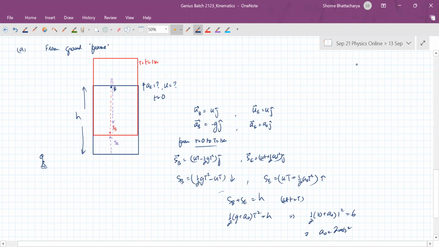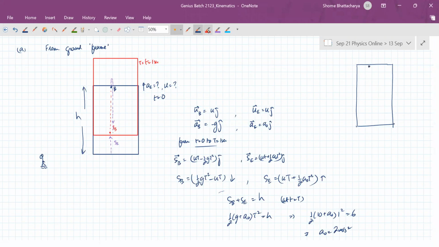So what happens is, let's say the bolt comes off at this moment. Next moment you see the elevator is somewhere here, and the bolt is somewhere here. In the frame of the elevator, the bolt has still actually come down.